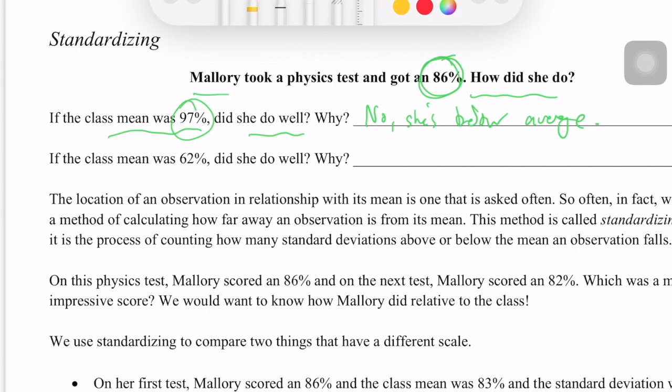If the class mean was 62%, did she do well? Well, she's 86. Is that above the mean? Yes. Considerably so. I'd say yes. She's considerably above the mean.